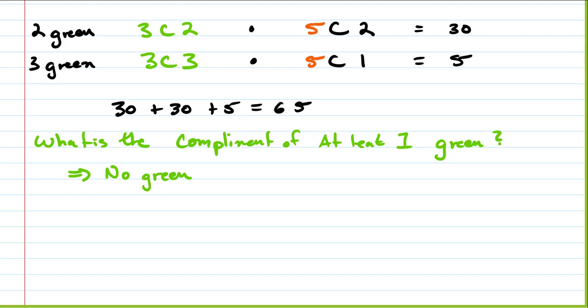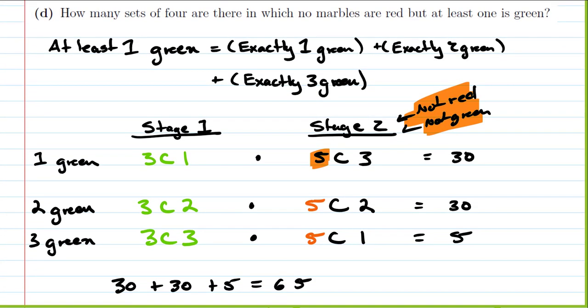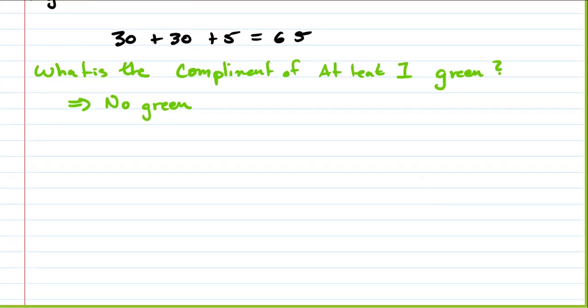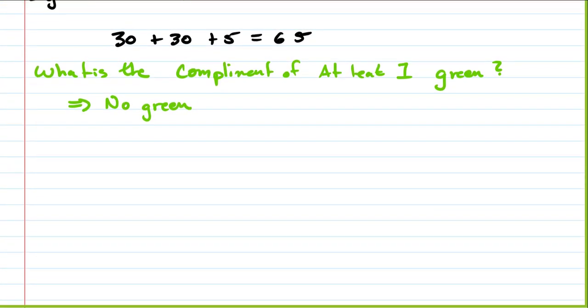Because the only possibilities for green marbles were no green, 1 green, 2 green, or 3 green, because there's only 3 green marbles, right? So what would be the complement of 1, 2, or 3? Well, we've eliminated 1, 2, or 3, so the only thing that's left would be 0, or none, right?